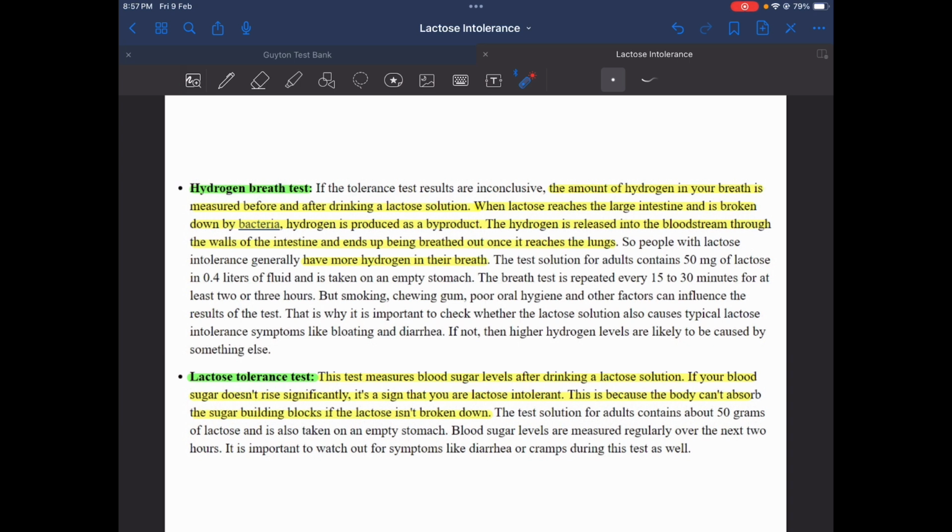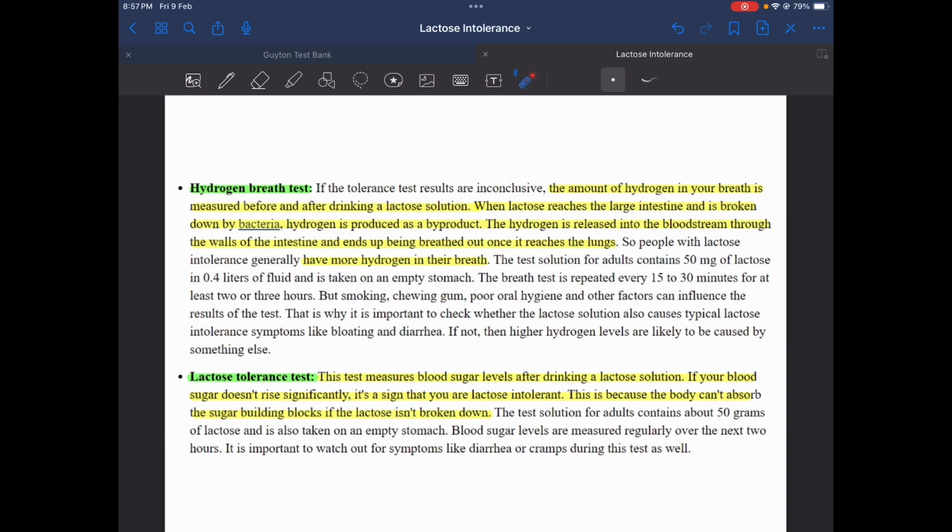There's actually a second test as well, known as the lactose intolerance test, when they measure the blood glucose levels. Once again they give you 50 grams of lactose and measure your blood glucose levels. If your blood glucose levels don't rise significantly, most probably you have lactose intolerance, because the lactose is not getting broken down to glucose.